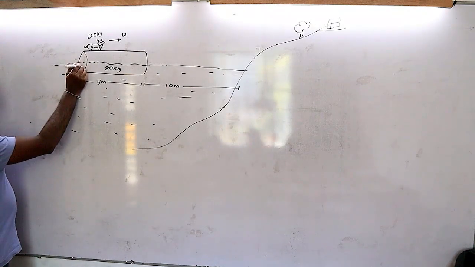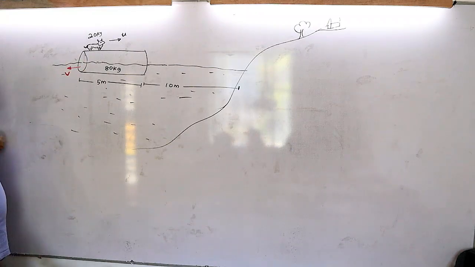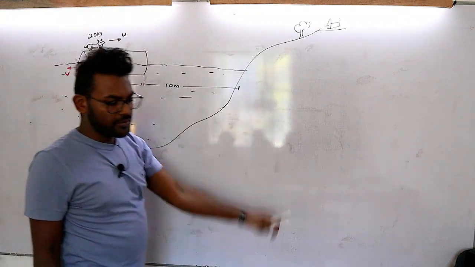So you can put v here and mark the u, then find it out.